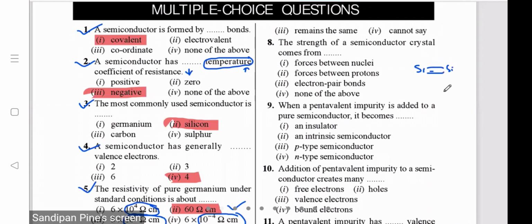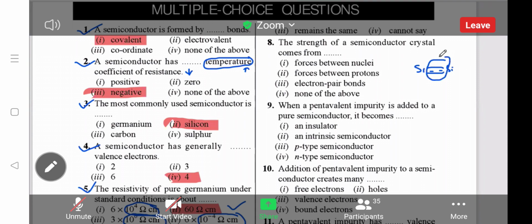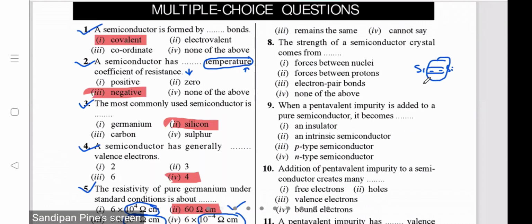Depending on that, the energy is required to break the bonding. For silicon, the energy required to break this bonding is 0.7 volt. For germanium, it is 0.3 volt. For gallium arsenide, it is 1.1 volt. So only this bond decides how much strength is required to break this silicon bonding.